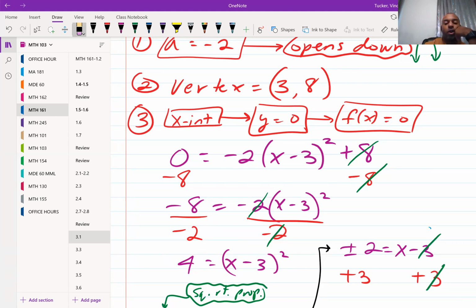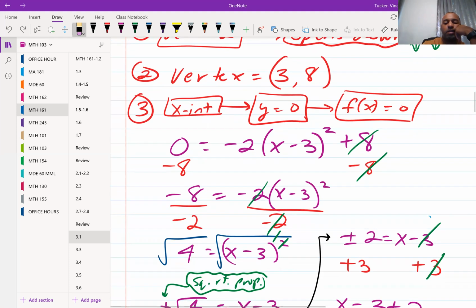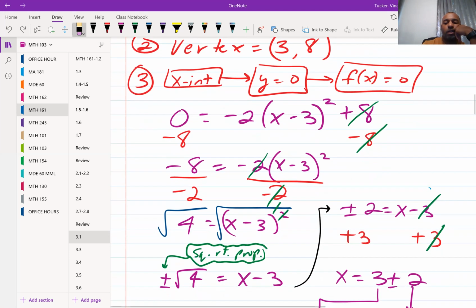Now we need to get the square off of x, so you take the square root of both sides. Don't forget the square root property: whenever you take the square root of both sides to solve, plus or minus goes on the other side.